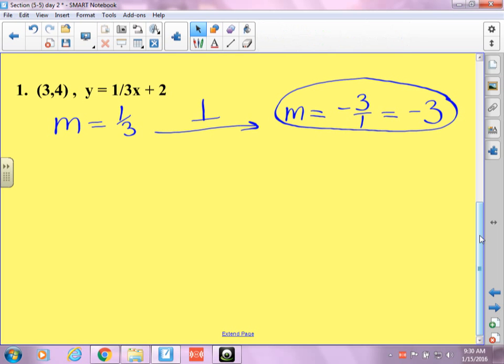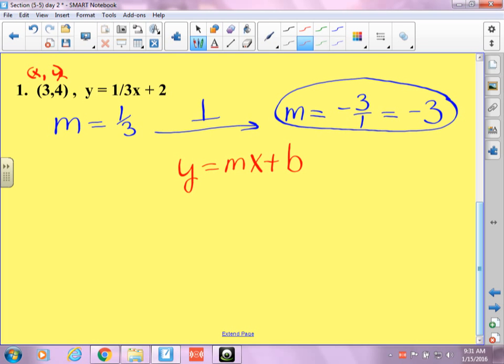So I'm going to take the x, comma y, y equals mx plus b. My y is 4, my m is -3, my x is 3, my b is b. So we're doing the same thing as yesterday. The only thing that's different is that slope.